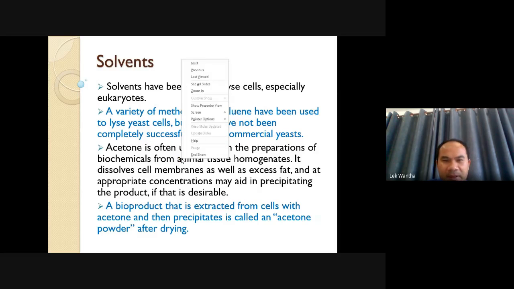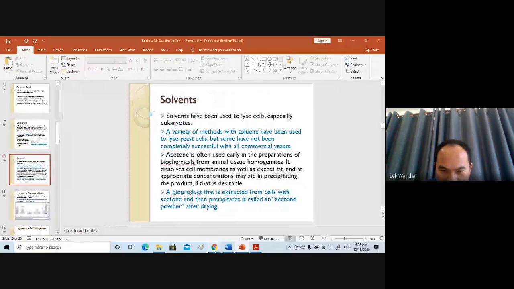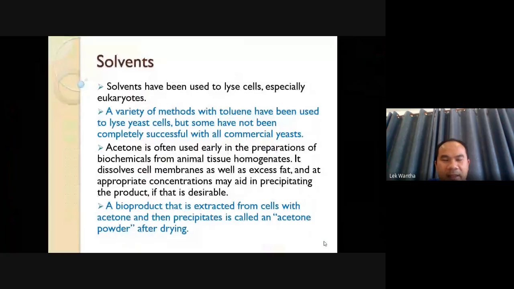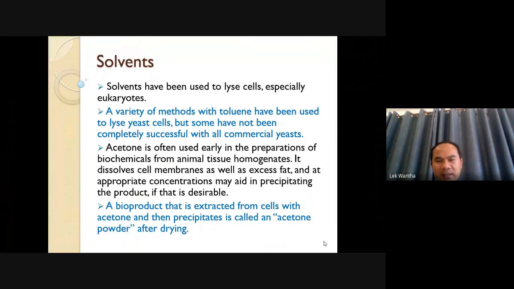Another example is solvent. We can use some solvent techniques. Mostly we use toluene or acetone to break the cell wall. We use this to break eukaryotic cells; toluene has been used to break yeast cells. But it's not commonly used at industrial scale, and it only partially breaks the cell, not fully.